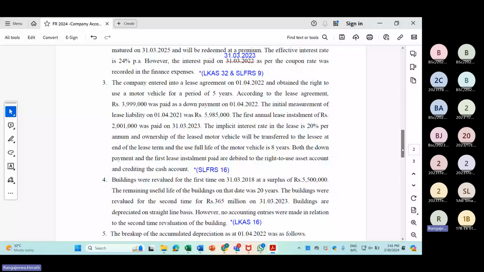So the installment and the down payment are recorded as the right of use asset. So basically, your right of use asset has a balance of 6,000. This 6,000 consists of 3,999 plus 2001.